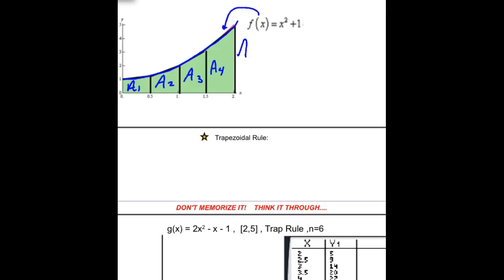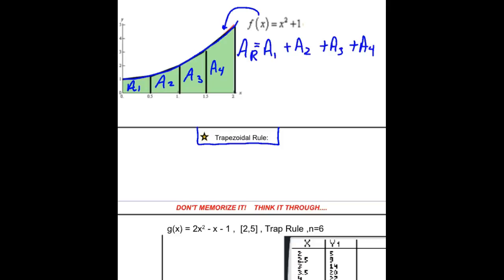In order to estimate the area of the entire region, I'm going to have to do the first trapezoid, plus the second trapezoid, plus the third trapezoid, plus the fourth trapezoid. I'm going to do them all separately, and then I'm going to give you the formal rule that's in your textbook, but I'm going to advise you not to use it. I would actually do them all the way I'm going to approach this one.